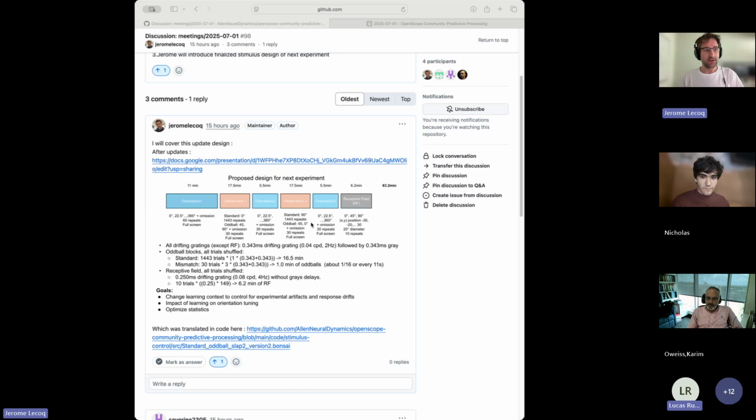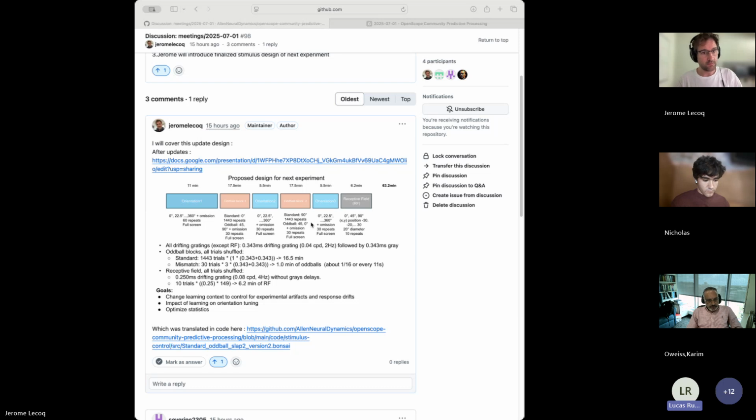Okay. I think this is a really great design. The only thing is, when we were discussing this, I misunderstood a bit the purpose of adding the extra length to the orientation 1 block. I think adding it makes sense if we want to control, for example, for habituation or adaptation effects, and we really want to ensure that the responses within the orientation block are non-transient.